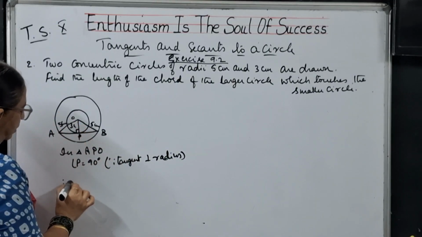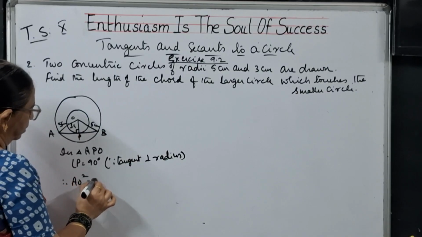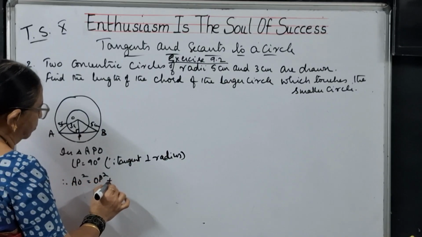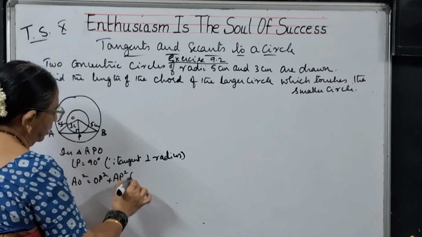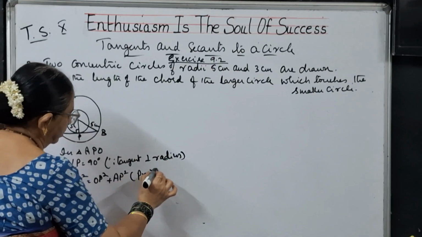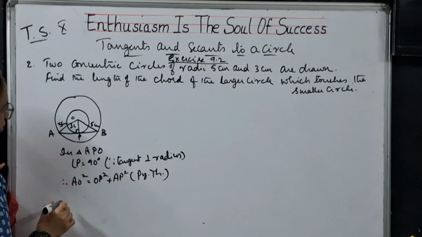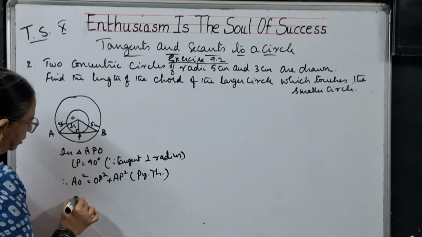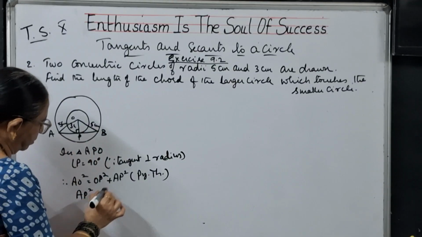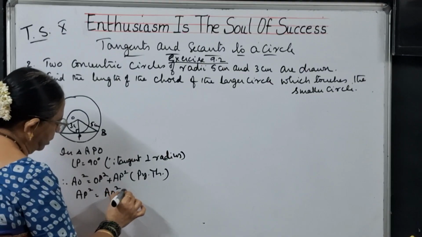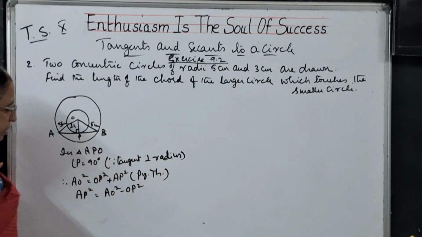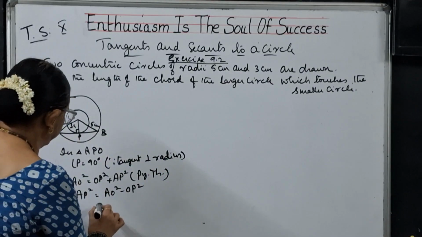So what can you say? AO square is equal to OP square plus AP square, based on the Pythagorean theorem. That means what we want? We want AP. So AP square is equal to AO square minus OP square. So that means how much, children?